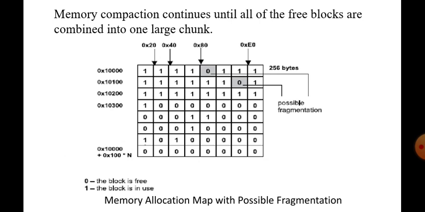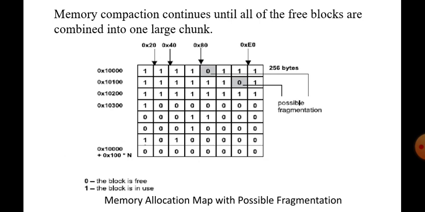One block is at address 0x10080 and the other at address 0x101030, which cannot be used for any memory allocation request larger than 32 bytes, because these isolated blocks do not contribute to the contiguous free space needed for a large allocation request. Their existence makes it more likely that a large request will fail or take too long.